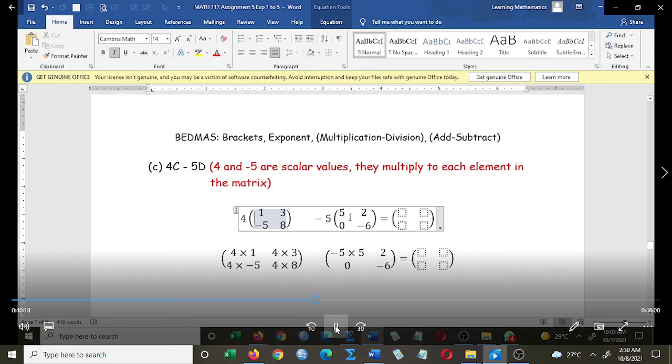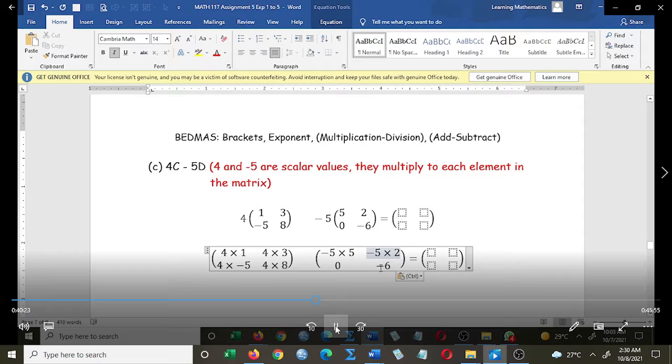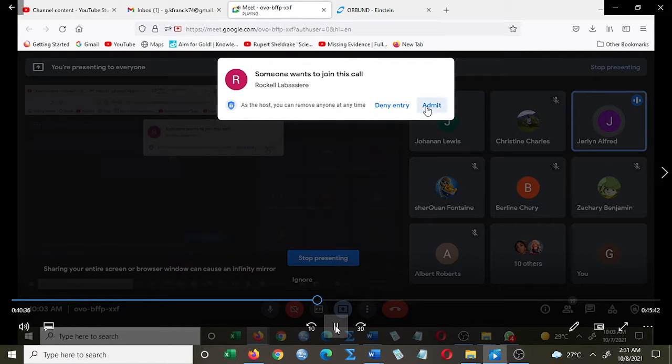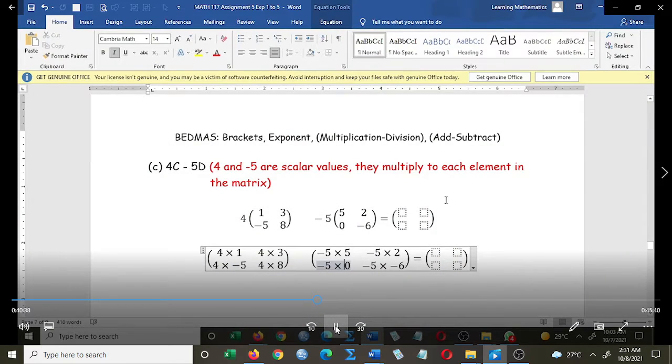When we did simultaneous equations, elimination, we didn't carry the sign, we were just trying to achieve the same number.